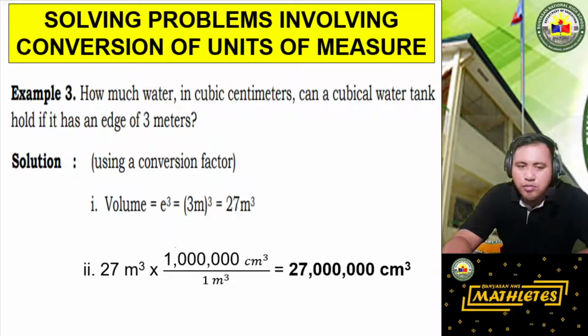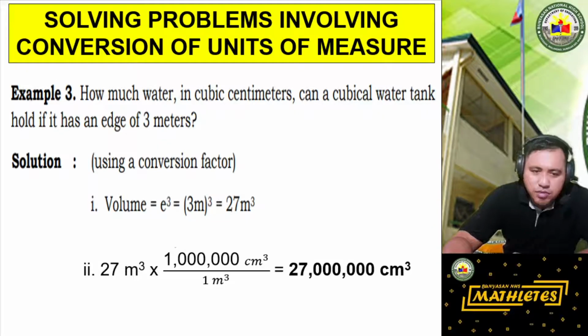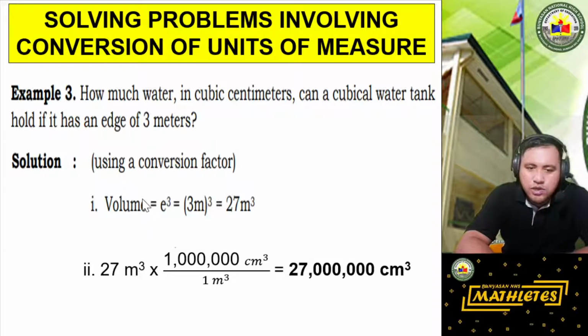Example number 3, how much water in cubic centimeter can a cubical water tank hold if it has an edge of 3 meters? So, we are going to use the conversion factor. The volume of a cubical water tank, the formula is V equals S cubed, or E cubed.